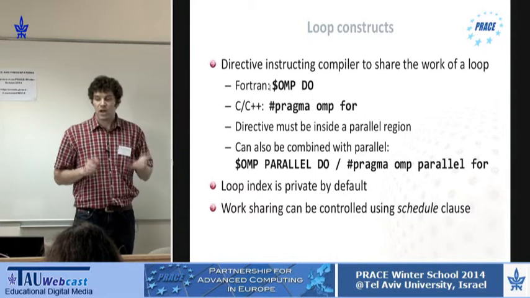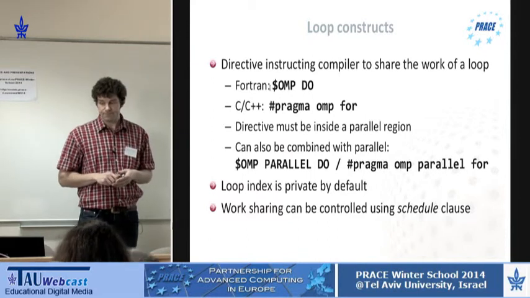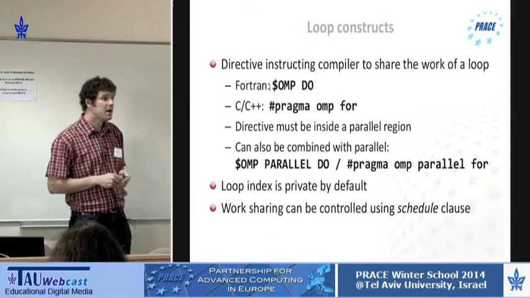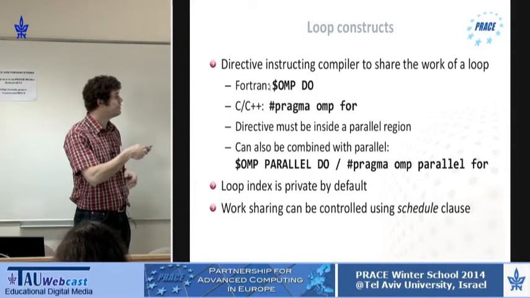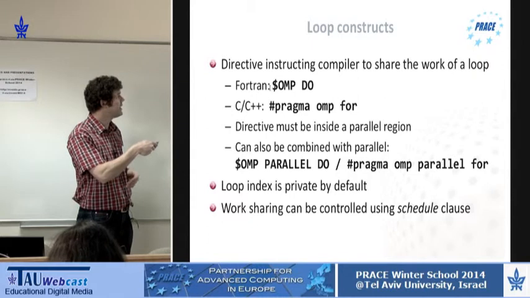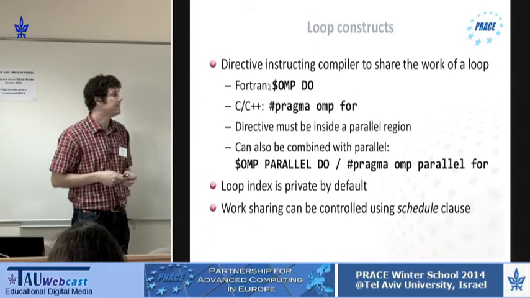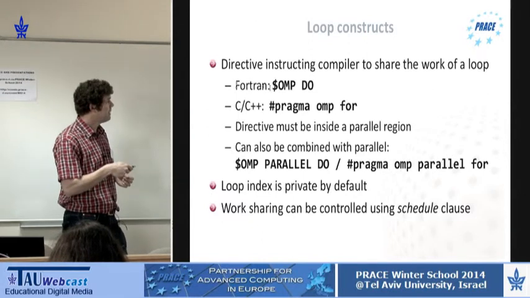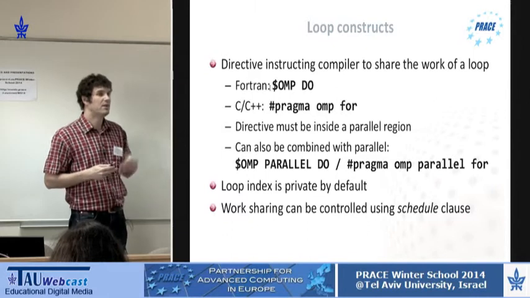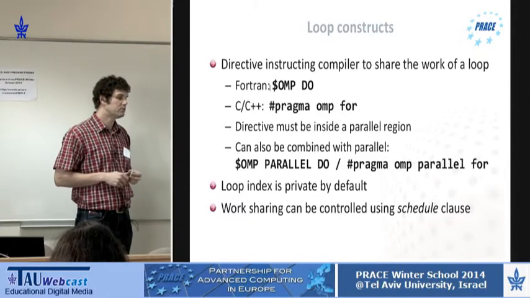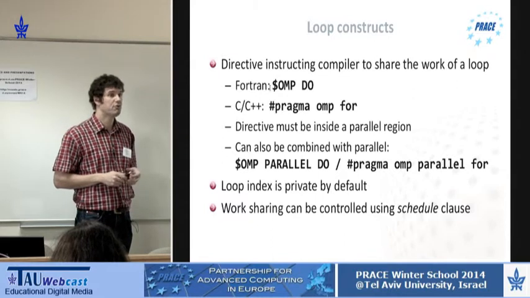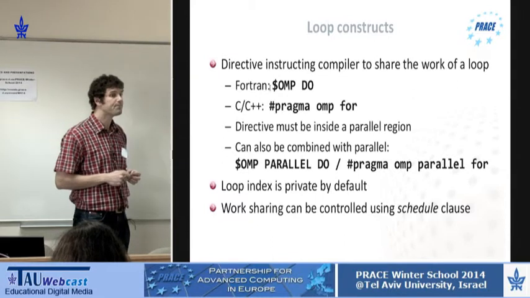Okay, the loop construct is very simple. Inside the parallel region, just before some loop, we put the directive OMP do in Fortran or OMP for in C. There was also this question whether one should launch and destroy threads for each for loop.